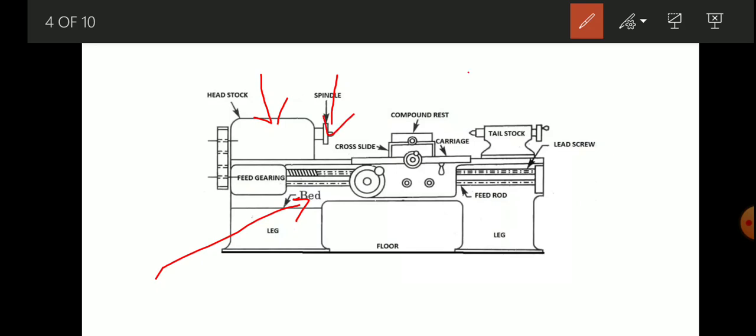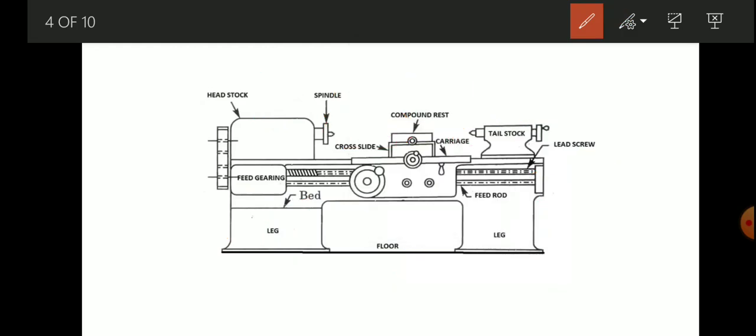Then it has a carriage which has compound rest and cross slides. Then it consists of a tailstock and there is a lead screw, and it is fixed on the shop floor. Now let us see these components one by one.